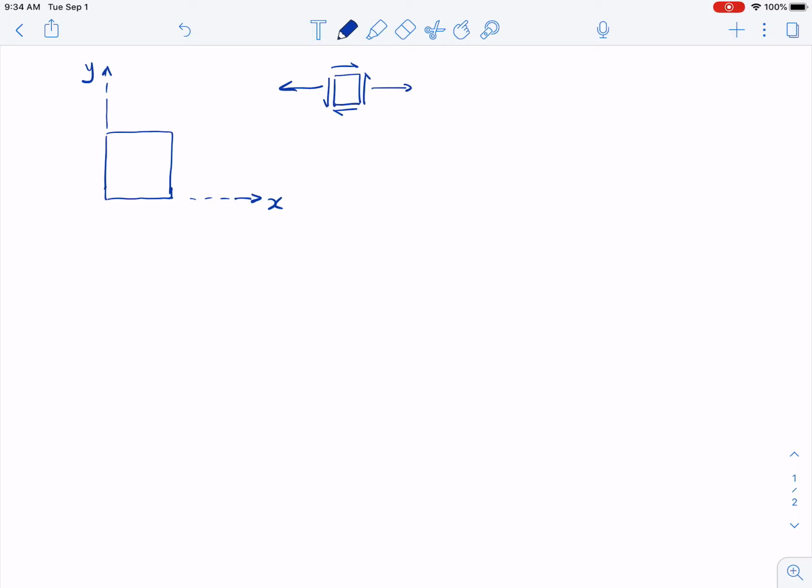Okay, it's subjected to both axial loading and shear loading. So this element will be deformed in such a way that it will be stretched along the x direction, stretched to here, and it will be rotated because of the shear loading, the shear stress.